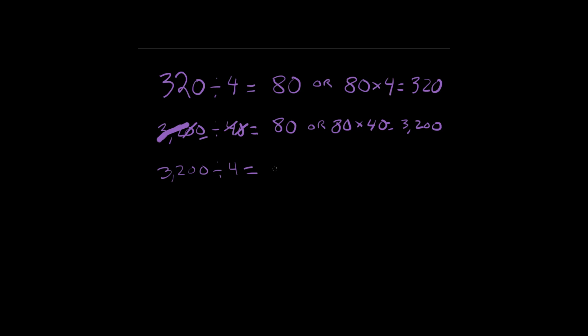Our next one, this answer, once again, is going to be the 8 plus 2 zeros, so 800. Or we could write that as 800 times the divisor of 4 equals 3,200. So as you can see, you can use multiplying with the answer to check and work backwards to make sure that you are indeed getting these correct.